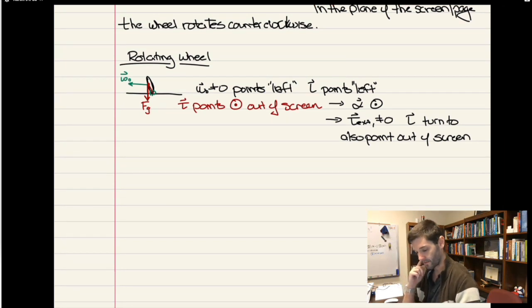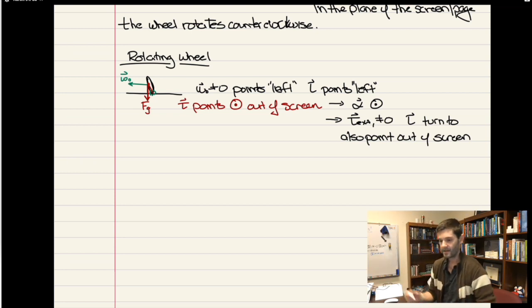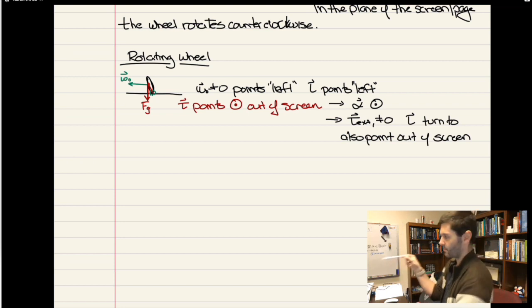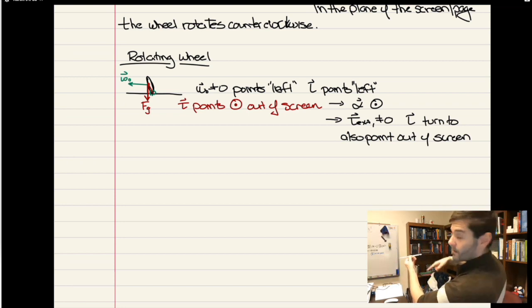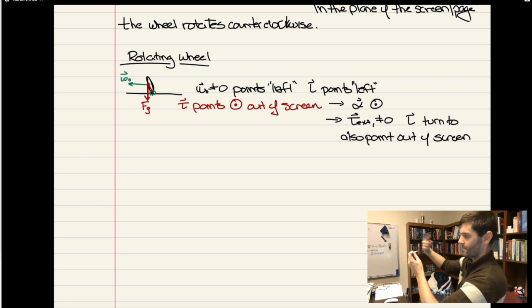So as a result, going back to the wheel, that angular velocity that was originally pointing to the left, with the wheel then doing this, starts to rotate itself so that it points in a different direction.